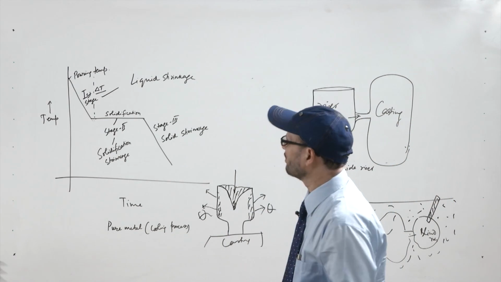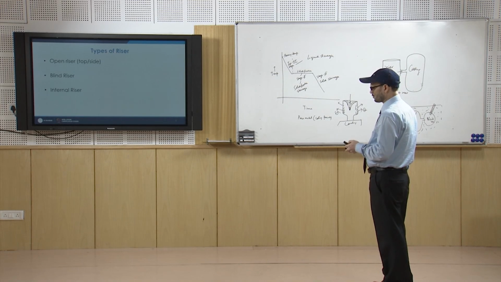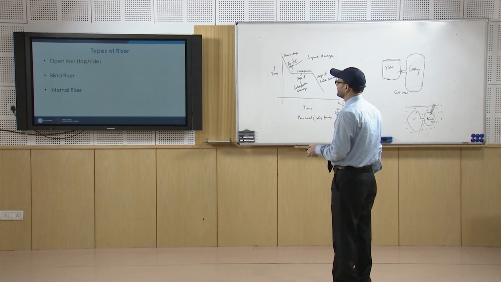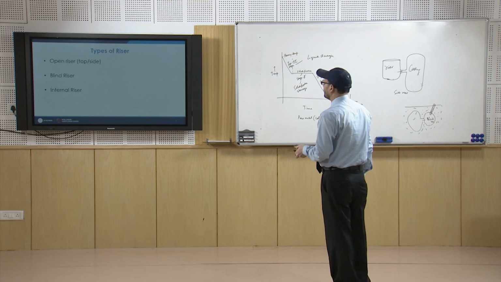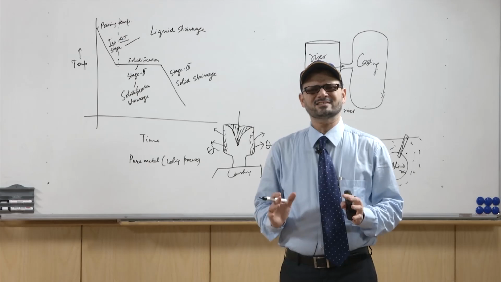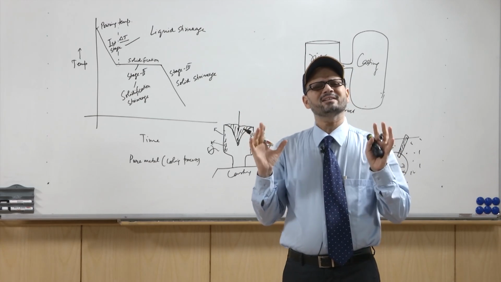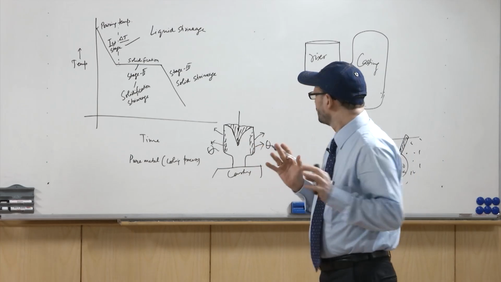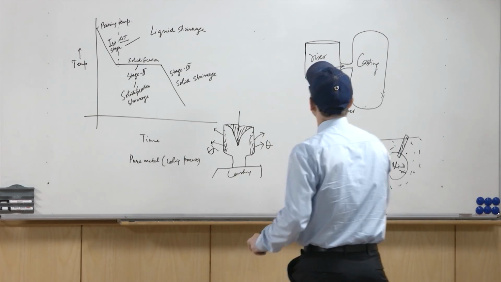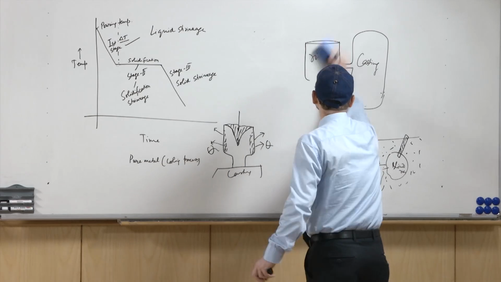There is another variety of riser, that is the internal riser. It is a riser where in some cases the riser is surrounded from all the sides by the casting itself. Those kinds of risers are known as internal risers.